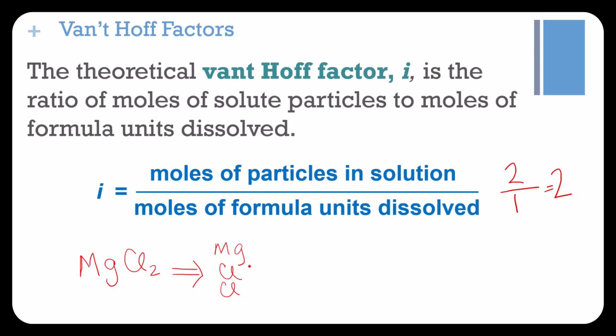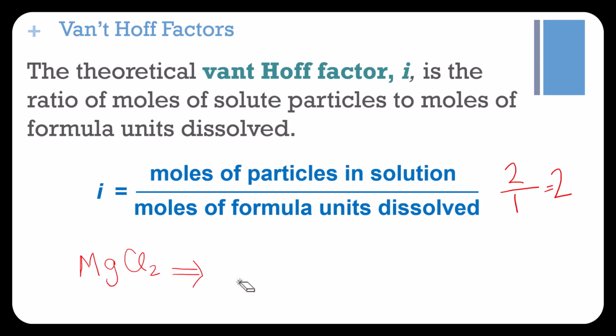Yeah, it's going to break apart into 3 particles. So we've got 1 magnesium. This subscript 2 tells me that 2 chlorines are in this process. So the Van Hoff factor for magnesium chloride is going to be 3.